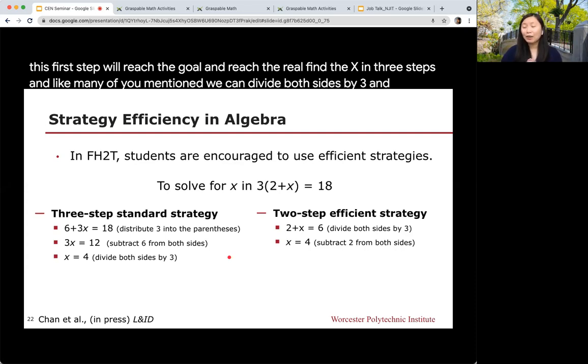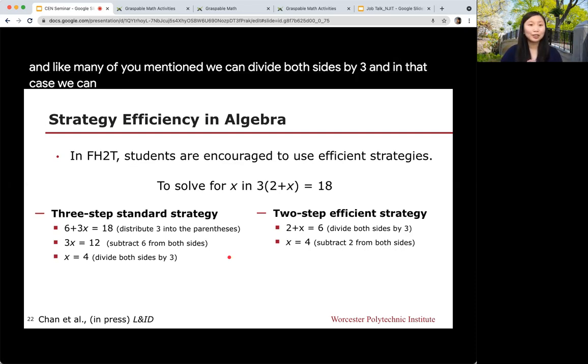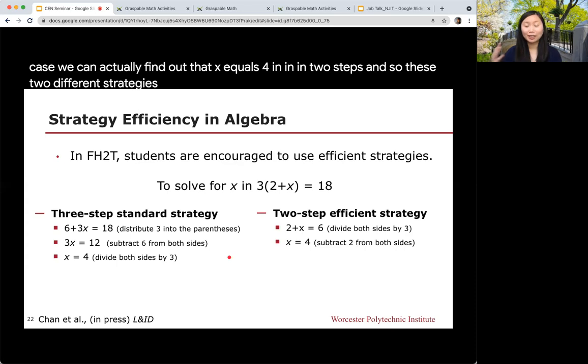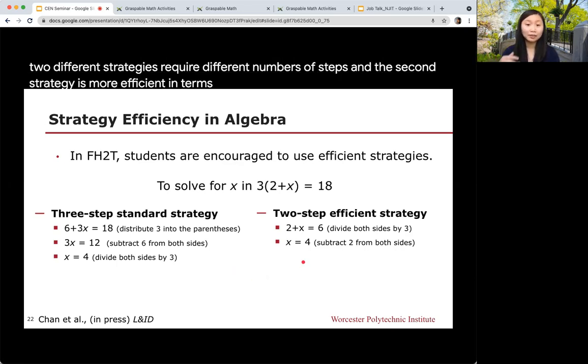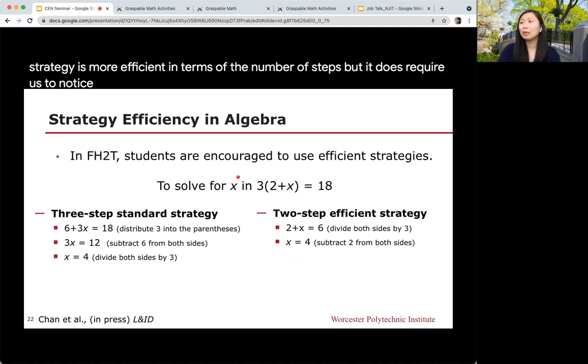And in that case, we can find out that x equals 4 in 2 steps. And so these 2 different strategies require different numbers of steps. The second strategy is more efficient in terms of the number of steps, but it does require us to notice the multiplicative relation between 3 and 18, as many of you mentioned in the chat.